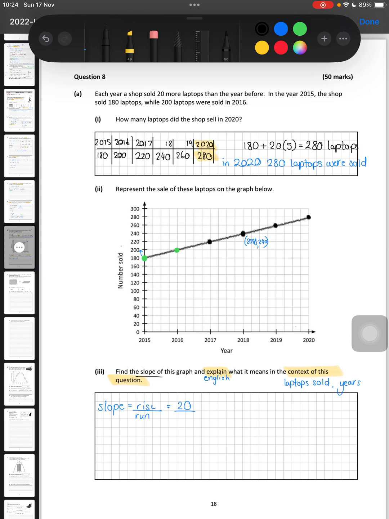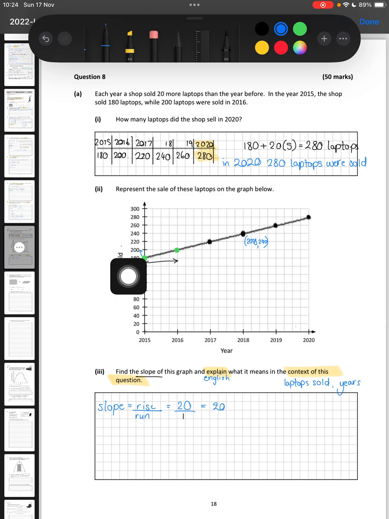Over the run across, it went from 2015 to 2016, so it went up 1.